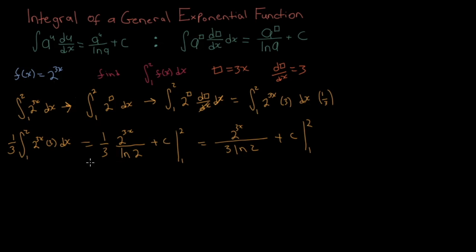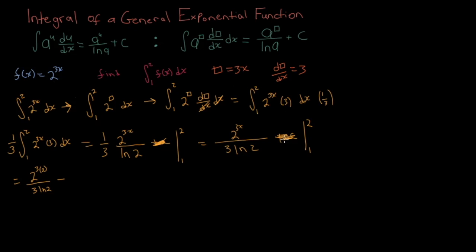So it'll equal 2 to the power of 3 times 2 over 3 ln 2 minus, and actually, we don't even need this plus c here because it's a definite integral, so the plus c will cancel out.